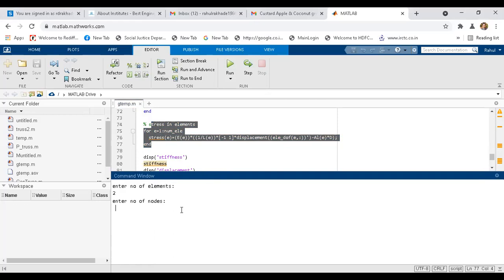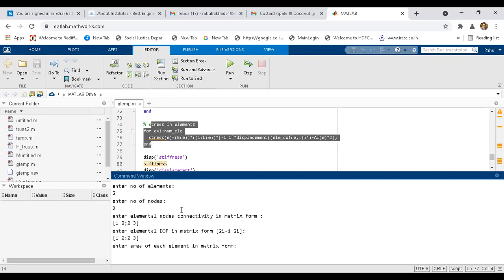Number of node 3. Element connectivity in matrix form: square bracket 1 space 2 semicolon 2 space 3, bracket complete. Degree of freedom, we can write same: 1 space 2, 2 space 3. Area 900 and 1200: 900 semicolon 1200.